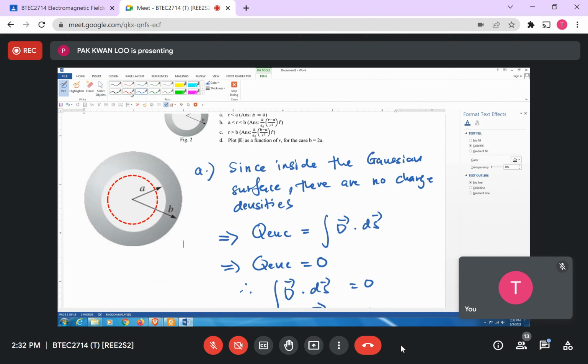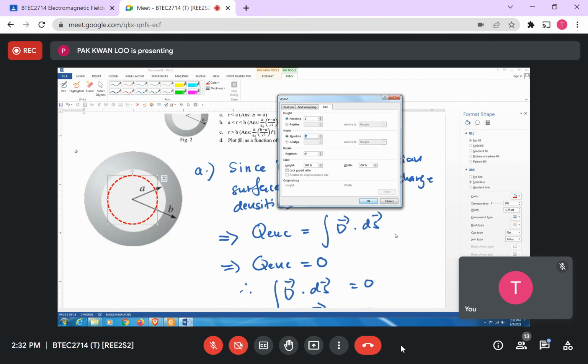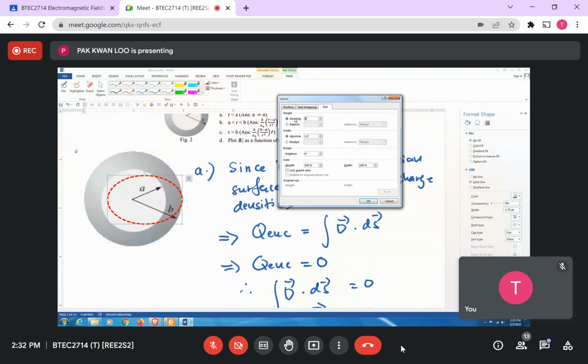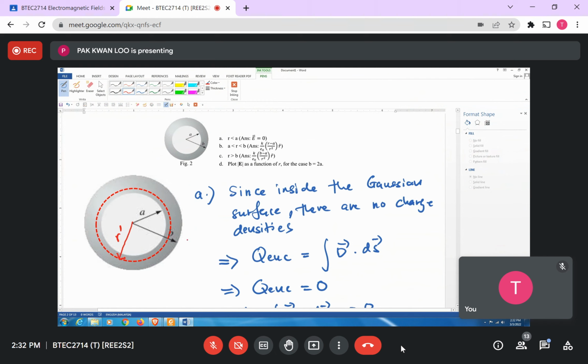So now if I move my circle that encloses a section of the charge density, the Gaussian surface now appears to enclose a portion of the charge density, which is now at r between A and B. Yeah.